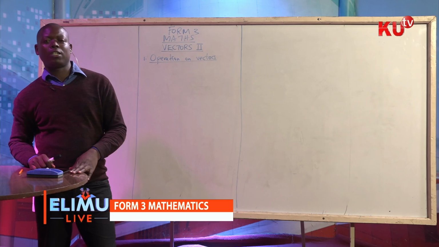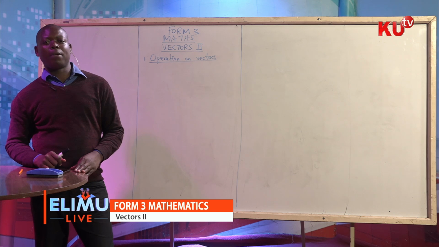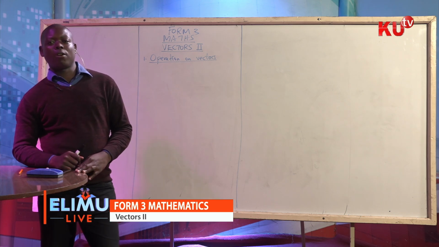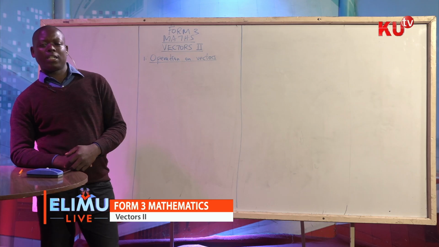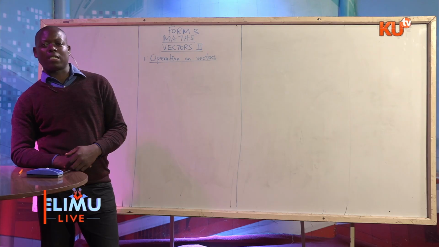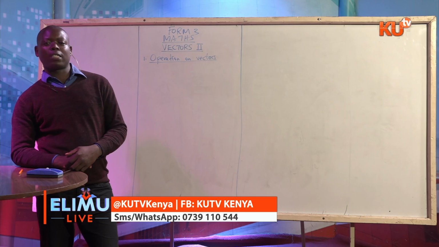We are trying to present a concept where we see the application of the knowledge we learned in Form 1 under the operation on whole numbers. And mainly, we do the three main operations on vectors: we work out addition, subtraction, and scalar multiplication of vectors.